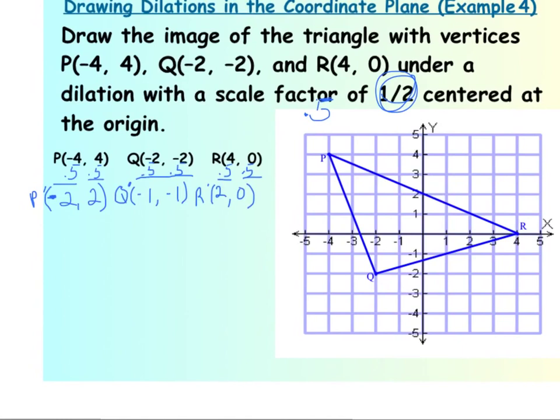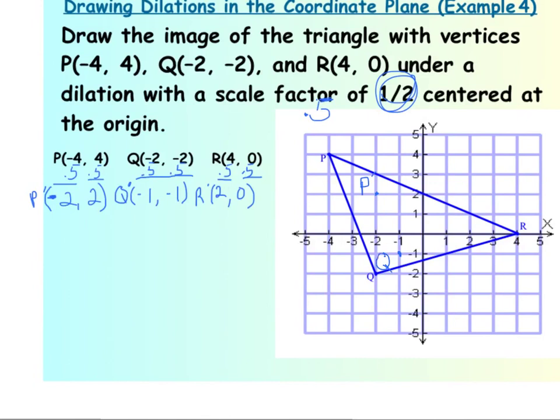So, -2, 2, P prime puts us right here. We're going to write that and label that, right? P prime. -1, 1, there we go. That guy is Q prime.